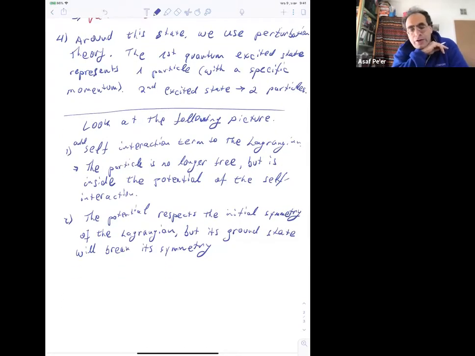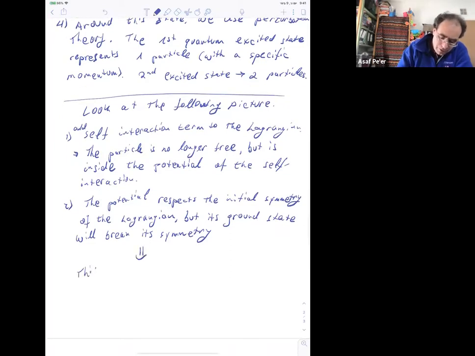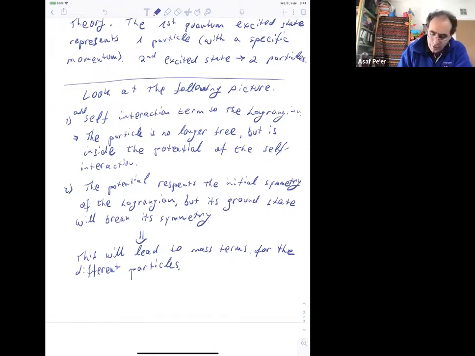Now what I'm going to show you is that this picture is going to lead us to mass terms for the different particles involved. We're going to gain masses for free, nearly. And it will also give us testable predictions that can be tested experimentally.